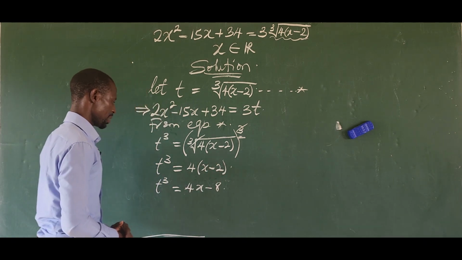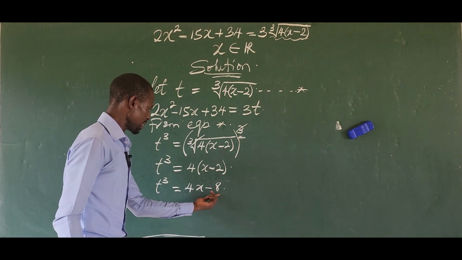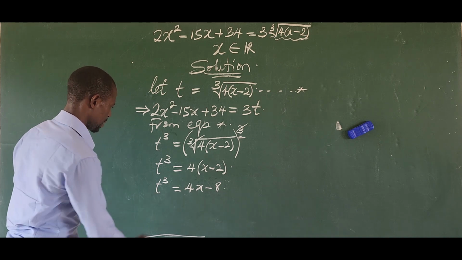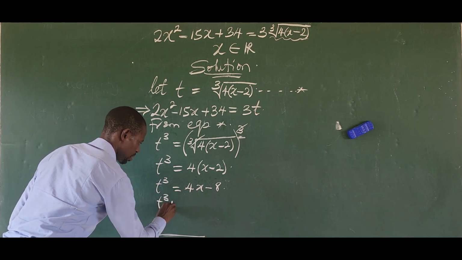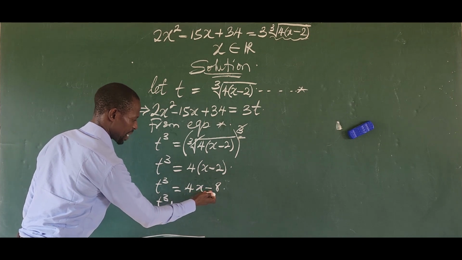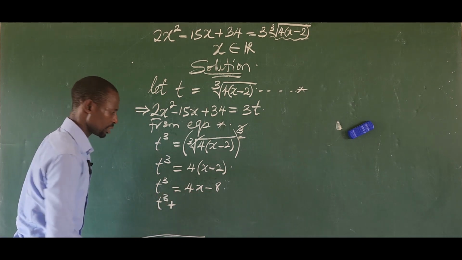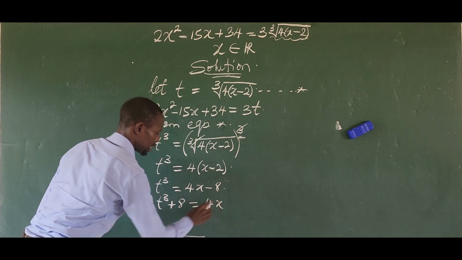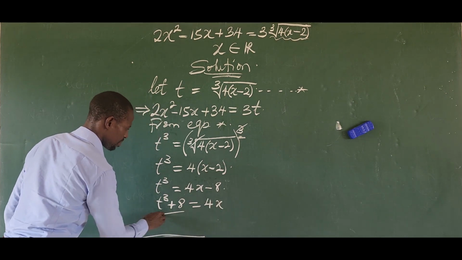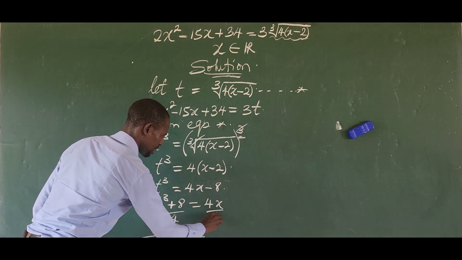Easy, right? Good. So let's move this 8 to this side of the equation. The minus 8 crosses the sign of equality and turns to plus 8. So t³ plus 8 equals 4x. We divide through by 4.